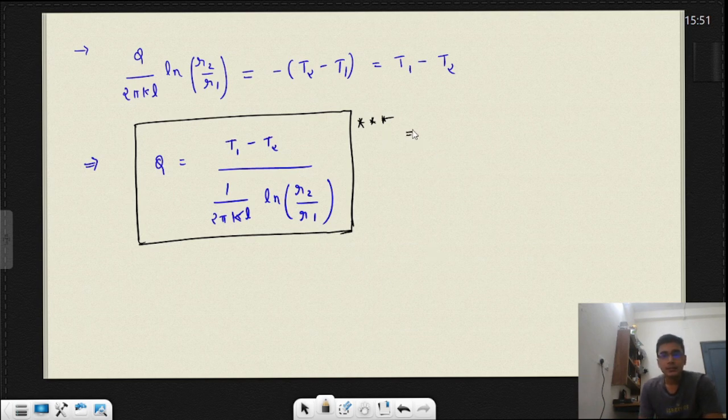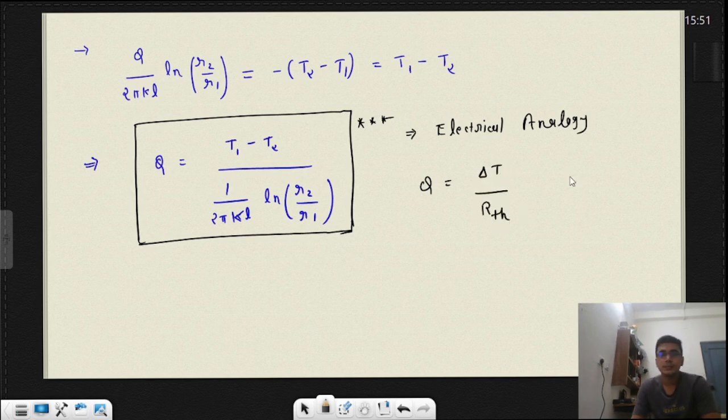Now comparing this with the electrical analogy of heat conduction, which is Q equals delta T divided by thermal resistance, the thermal resistance in case of a hollow cylinder is equal to 1 upon 2 pi K L ln R2 by R1.